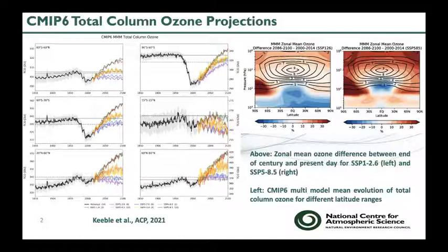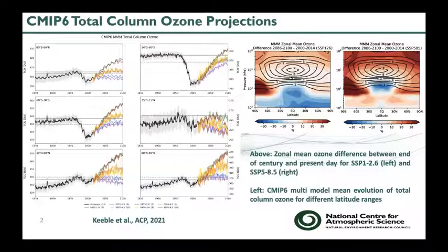But the emissions of other greenhouse gases, principally CO2, methane and N2O, play a really important role in the timing of ozone recovery as defined as a return to some historic value, usually the 1980 or 1960s values.